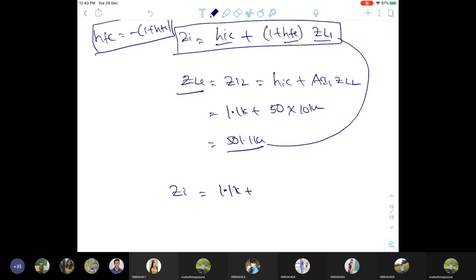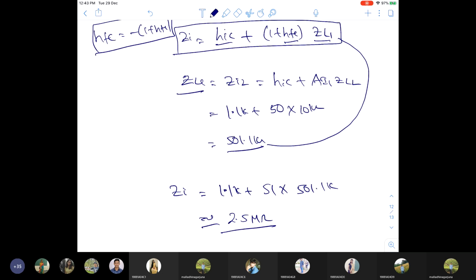Now substitute in this and we'll get ZI equal to 1.1K plus 1 plus HFE, so it becomes 1 plus 50, 51, into 501.1K. Now we calculate, and I think we will get it in terms of 2.5 mega ohms, approximately. You calculate 51 into 501.1.